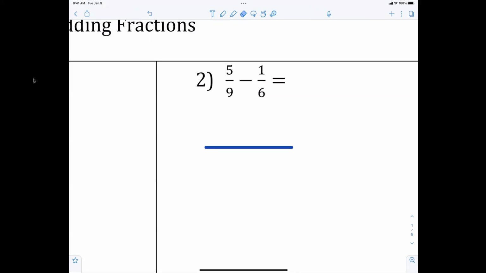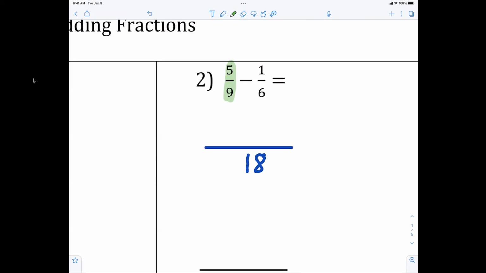So what you want to do is look at the least common denominator, which most of you told me was what? 18. So now everybody's going to put down an 18. And this is how I'd like you to do it. Now I need everybody to look at the first fraction. I need 9 to be converted to 18. So I have to multiply by 2.